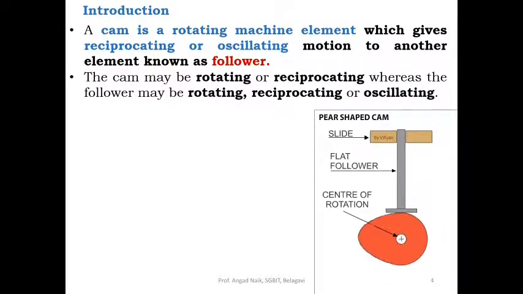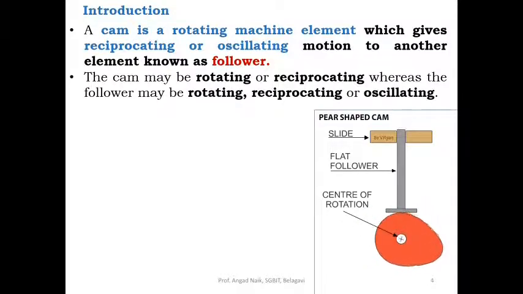The red part which is rotating is the cam, and the part which is lying on the surface of the cam is flat follower, which will slide or reciprocate in vertical motion because of the profile of the cam.